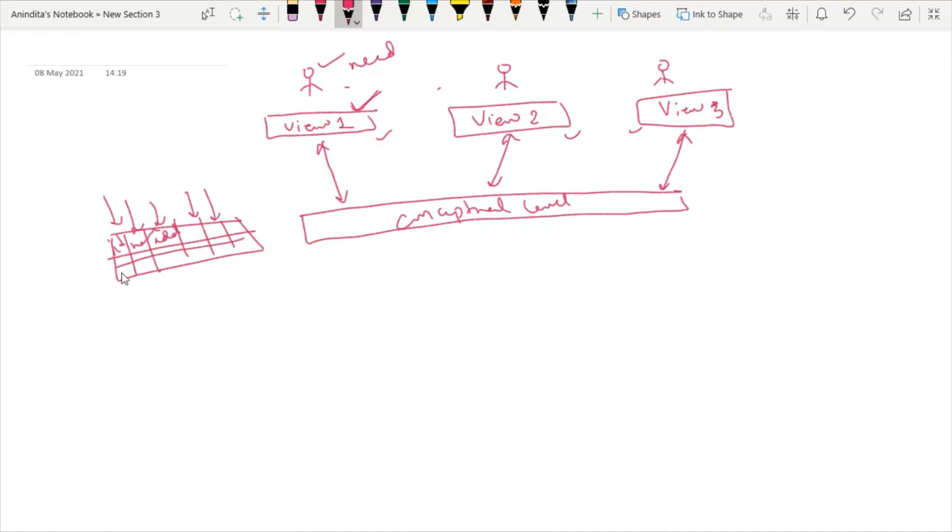And rows are also known as tuples. Rows are responsible for holding the information. Say for ID number 1, the student name is A and the address is, say, Kolkata. For ID number 2, the student name is B and the address is also Kolkata.